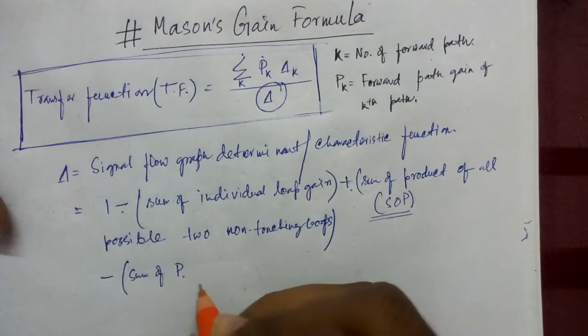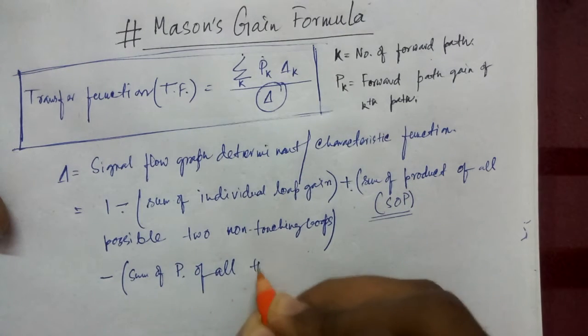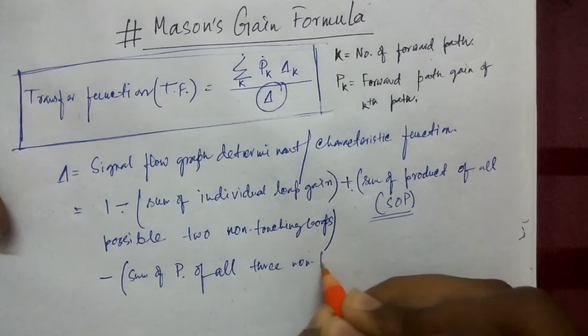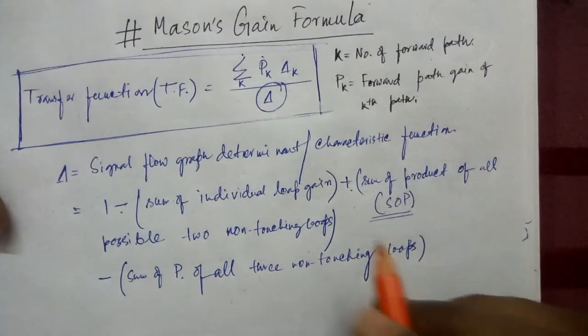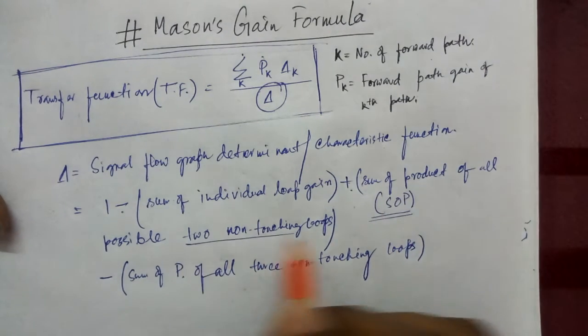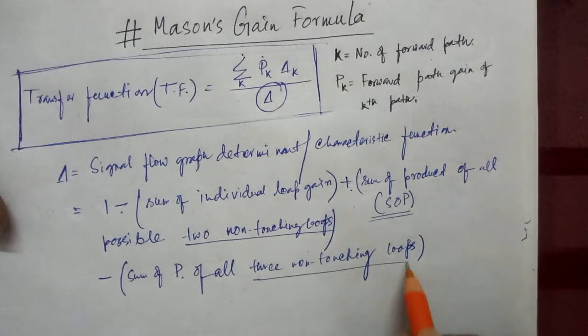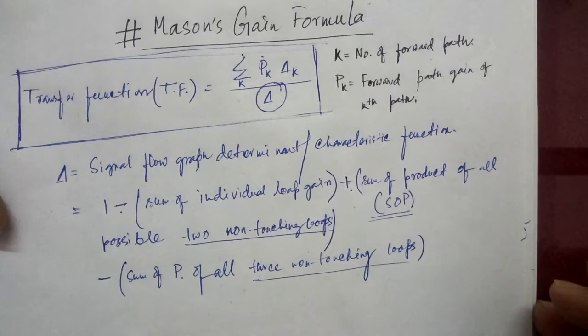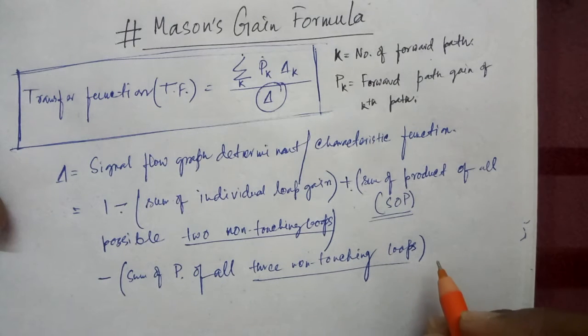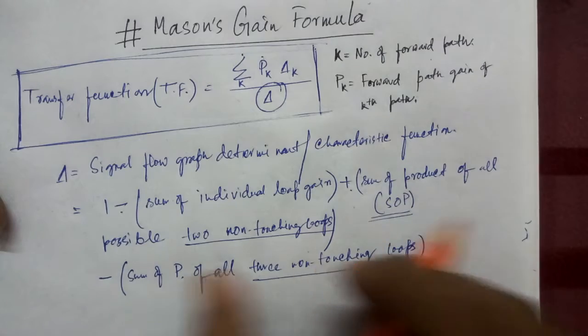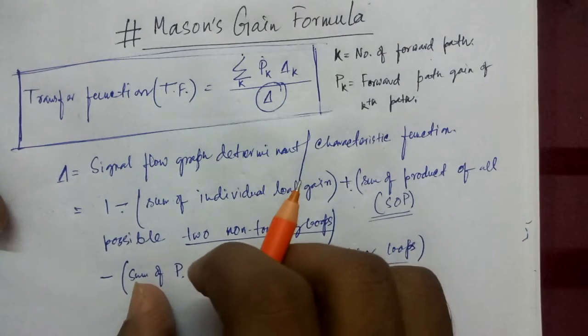Minus sum of product of all three non-touching loops. If you understood two non-touching loops, you can easily understand three non-touching loops. When three loops will not touch each other, we have to calculate the total multiplied gain values, find out how many such cases there are, and take the summation.